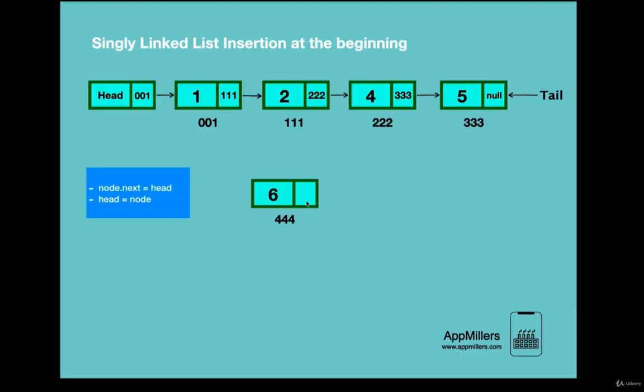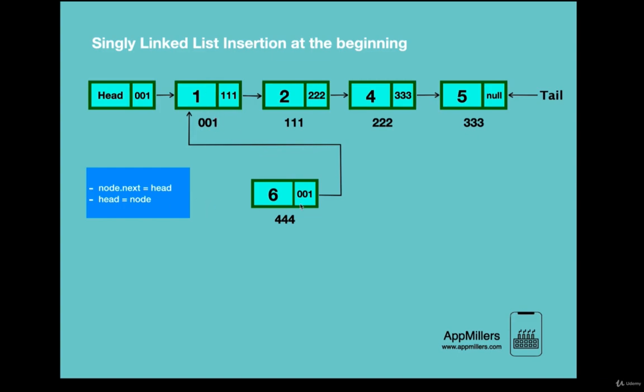Now this node's next reference is empty. So by setting this next reference to head, we are updating the next reference of this node over here to 001. And this is creating a link between this node over here and the first node over here, because 001 is the physical location of the first node over here.